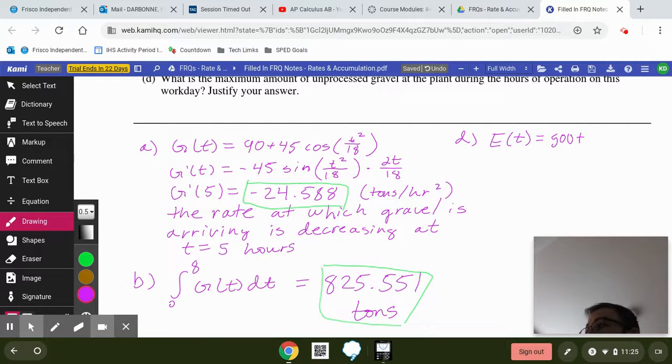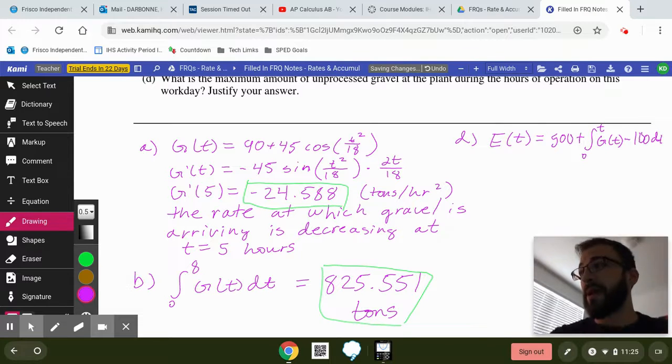So it's going to be the integral from 0 to t of g of t, which is the amount coming in, minus 100, which is the amount that's leaving.